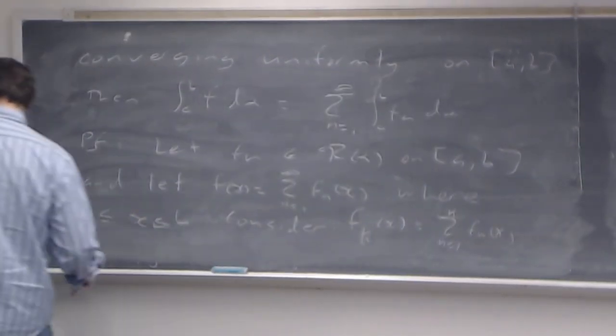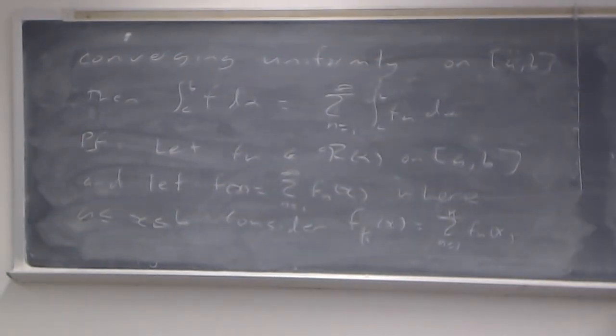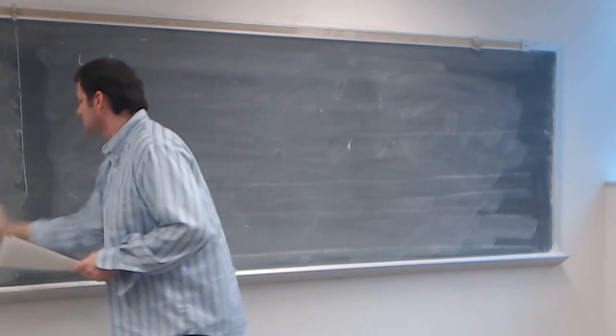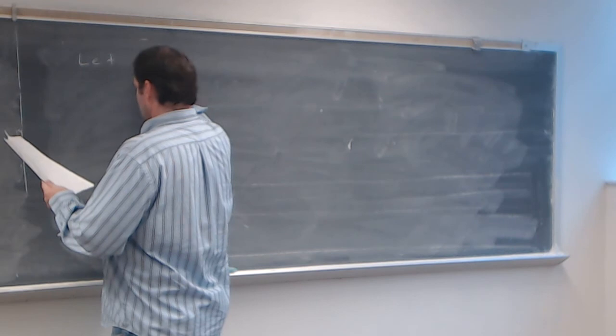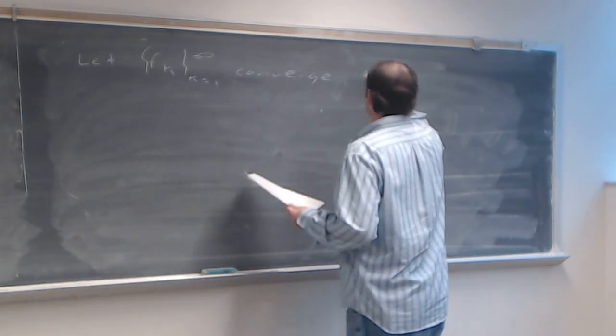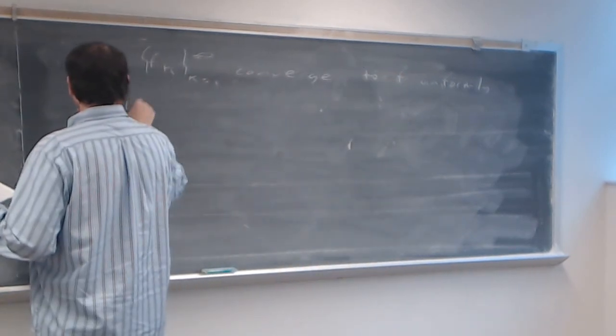Because of the conditions in our corollary, we're going to let f sub k converge to f uniformly on a to b.